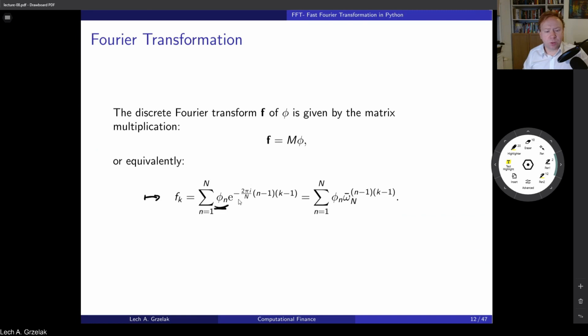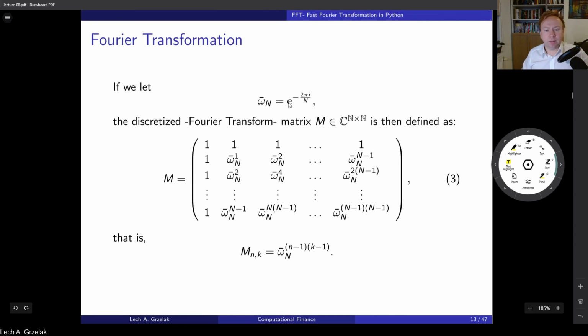If we do a certain substitution, so this 2 pi i divided by n, we can redefine this expression using omegas, and this is the definition of omega, e to the minus 2 pi i over n. Then our matrix M that will be used for computation is of the following form. Every entry of matrix M, n and k, is given in this way.